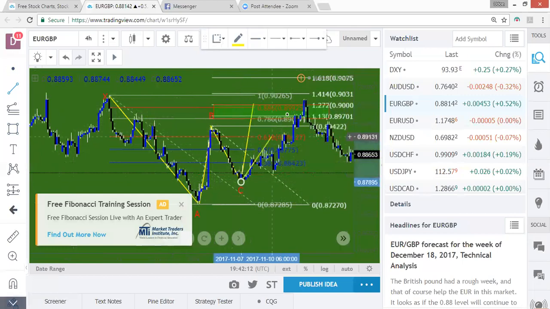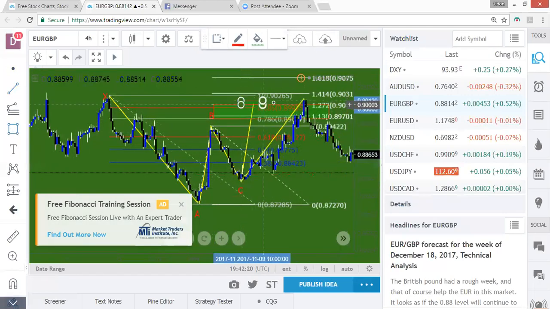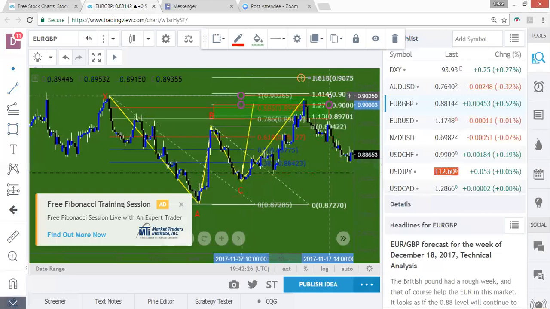And we can see the price actually made it up here. Again, we were projected to complete right here, so not too far off. And stops definitely not hit.